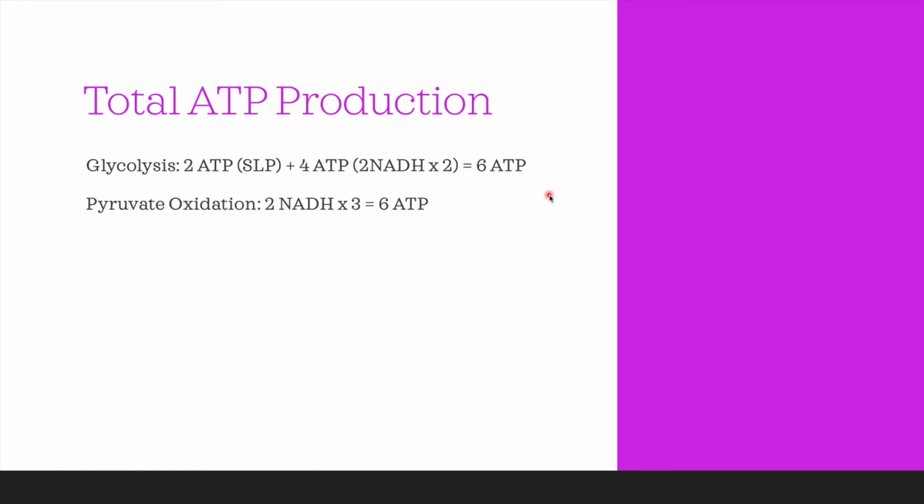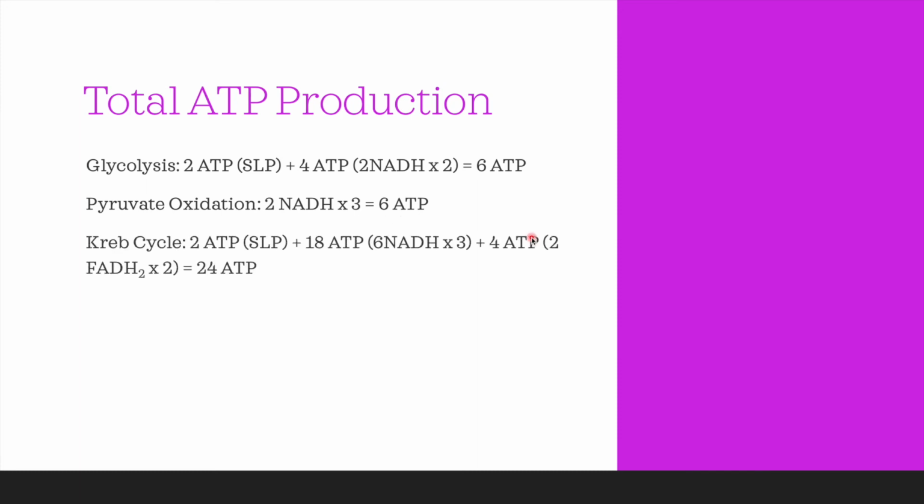Pyruvate oxidation produces 6 ATP as well through oxidative phosphorylation. The 2 NADH from pyruvate oxidation are of higher energy than the ones in glycolysis, so for each NADH molecule, 3 ATP are produced. Therefore, a total of 6 ATP molecules are produced in pyruvate oxidation.